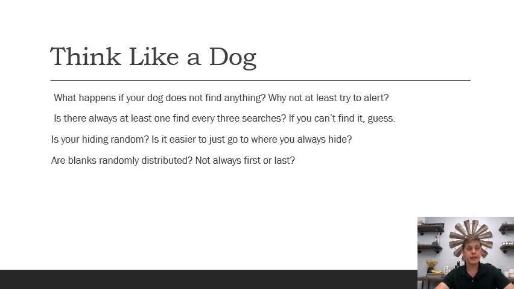Humans like to particularly hide things either in the middle, at the far beginning, or at the far end, which makes those areas particularly popular in a lineup because we like to put them there. Also, we tend to forget or misunderstand randomness.